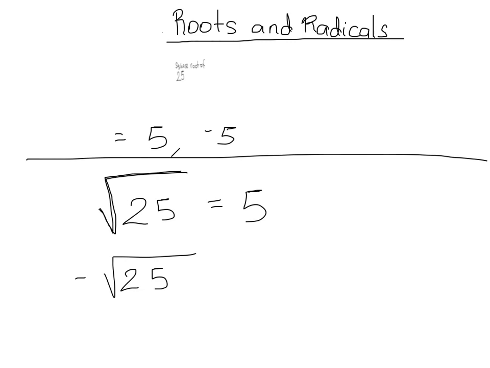So if I say the words square root of 25, I'm referring to both the positive and the negative square root. But if I use my radical sign here, it only gives you the positive or the principal root. You have to actually write the negative before the square root to get the negative root.